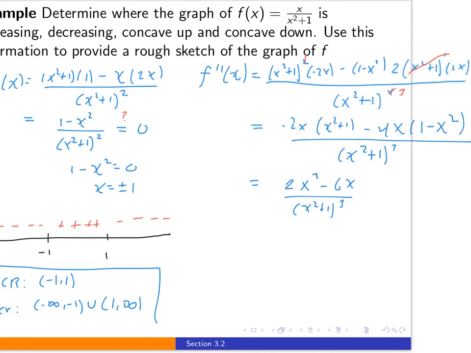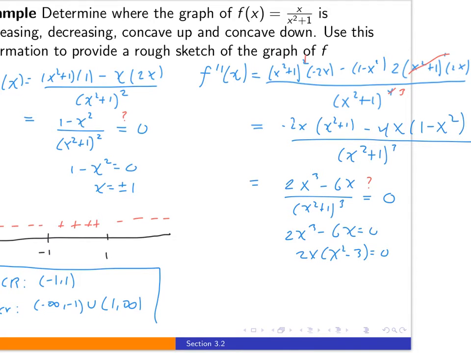And what we would like to know is where is this equal to 0? And the only place this is equal to 0 is when the top is 0. So this reduces down to 2x cubed minus 6x equals 0. So 2x times x squared minus 3 is 0.